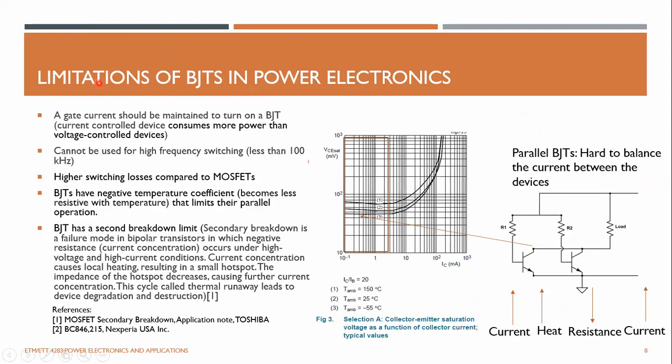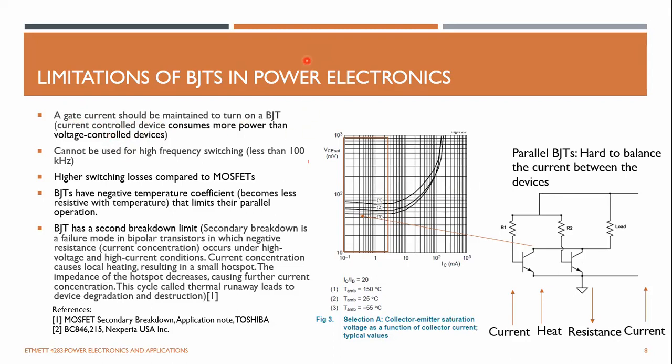So there are some other limitations of BJTs. BJTs are now less famous than MOSFETs and silicon IGBTs, because their popularity is getting lower, because the gate current should always be maintained to turn on the BJT.